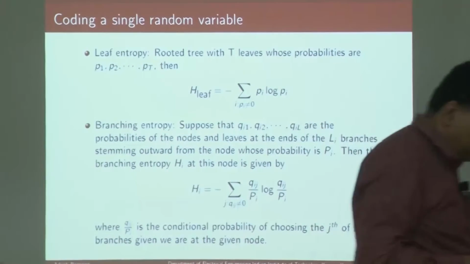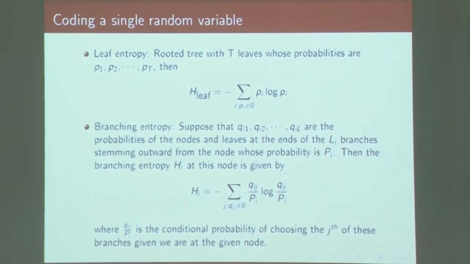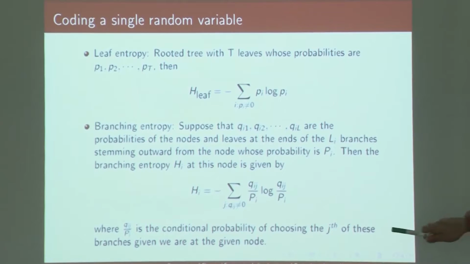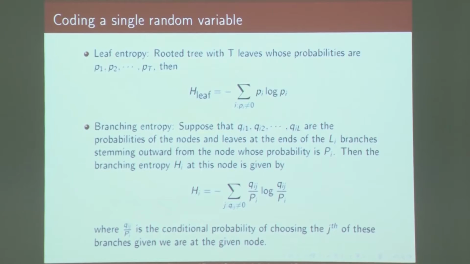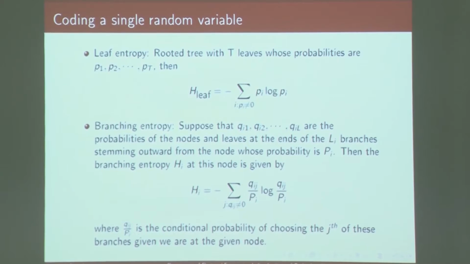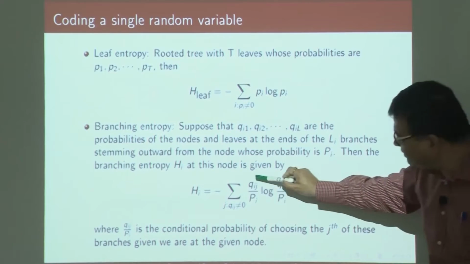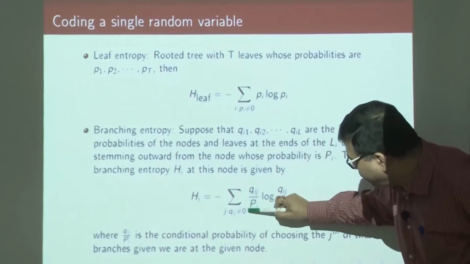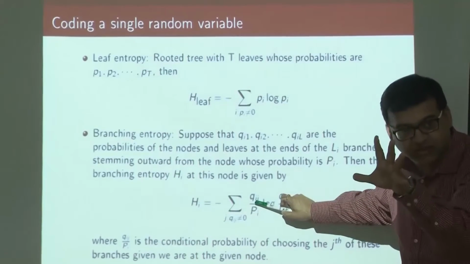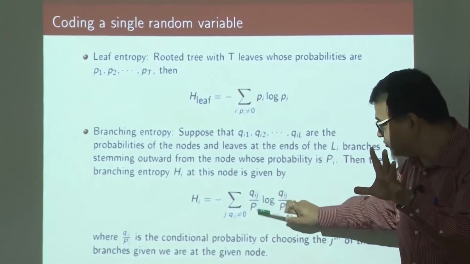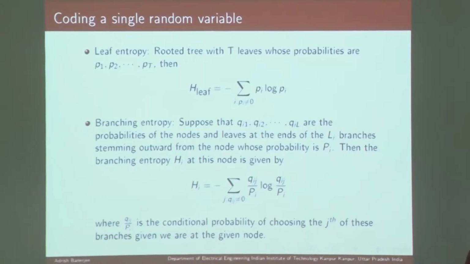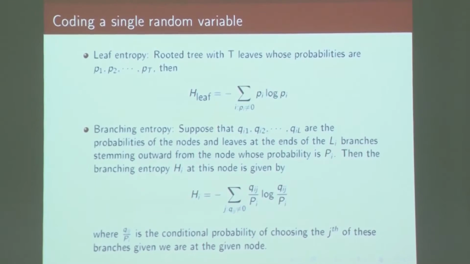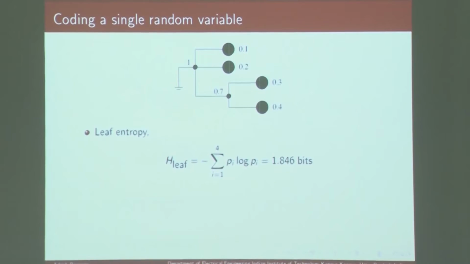Now I am going to show you a result which links branching entropy with leaf entropy. Again, Pi is the probability of the node from which nodes and leaves are stemming out, and the probabilities of those nodes and leaves are the Qij's.